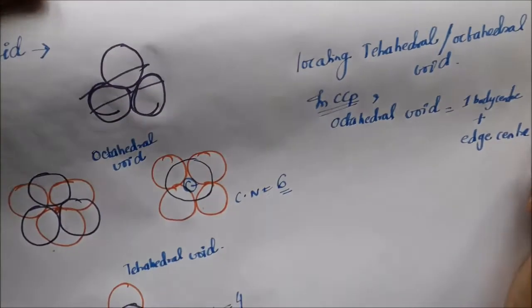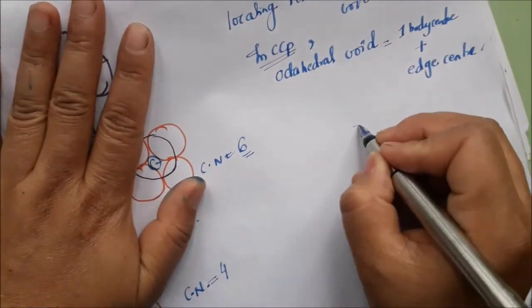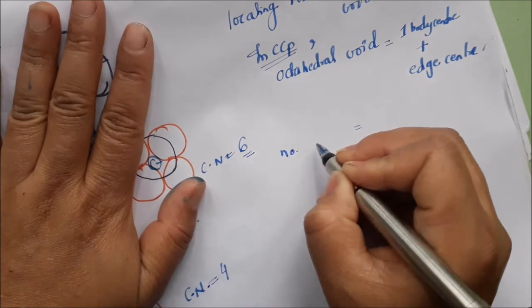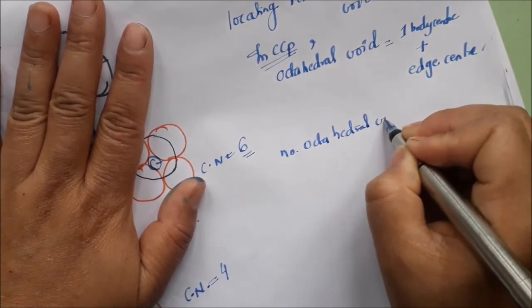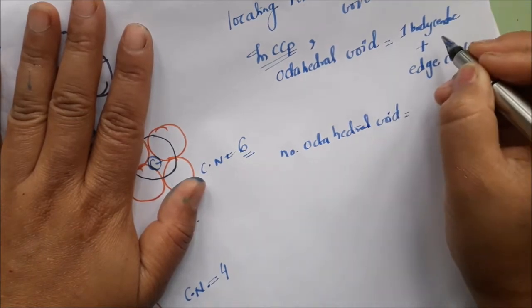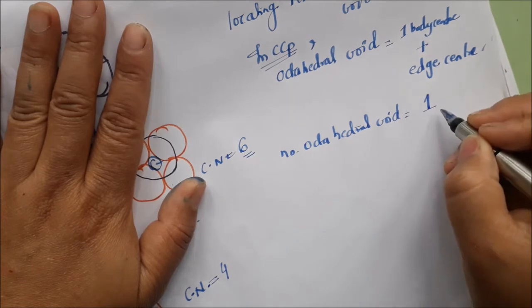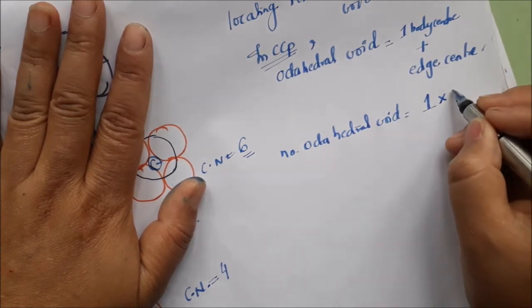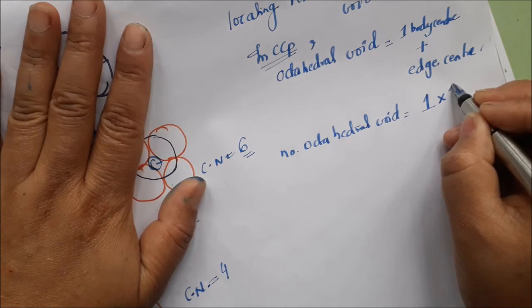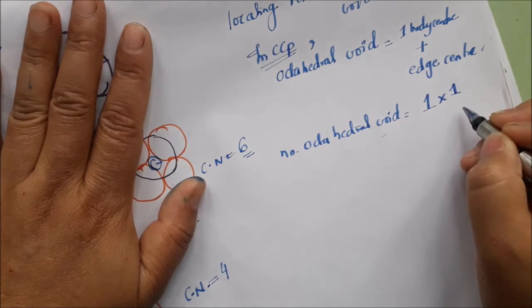So what would be the total number of octahedral voids then? At the body center there can be only one octahedral void, so 1. Since this void is inside the body, it is not shared by any other cell, so it contributes wholly to a single unit cell, right?